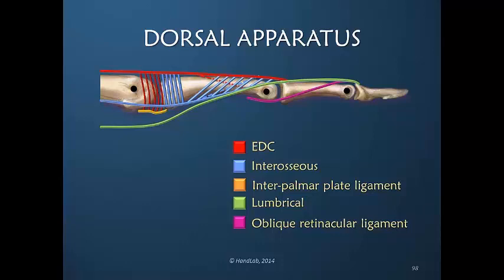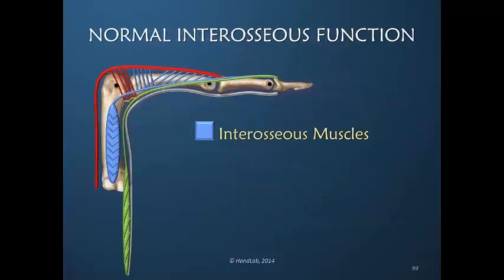In this illustration, we now want to consider normal interosseous muscle function. We want to consider primarily the blue in the illustration. And this is a schematic drawing, so you need to imagine how this would move in the normal anatomy that's very fluid and flexible.